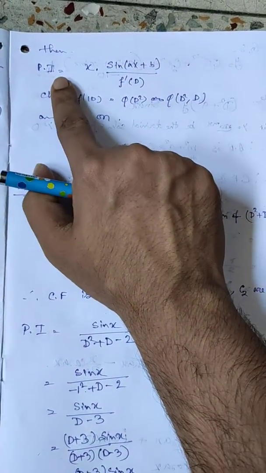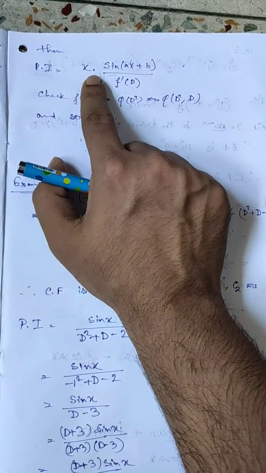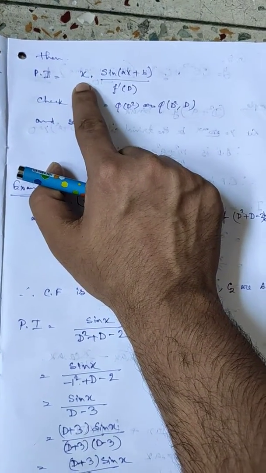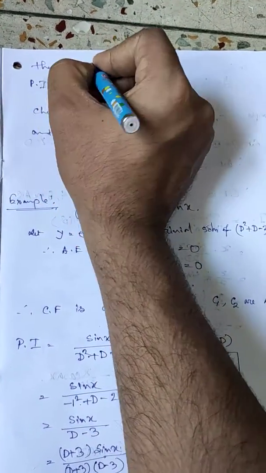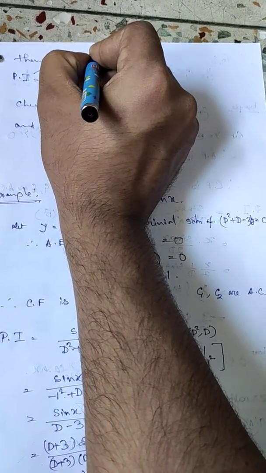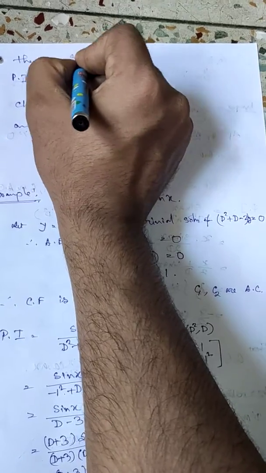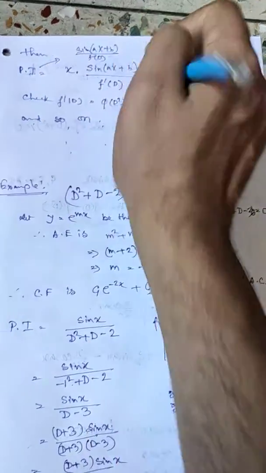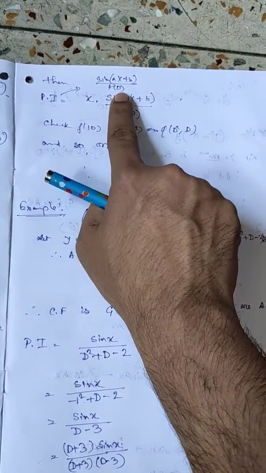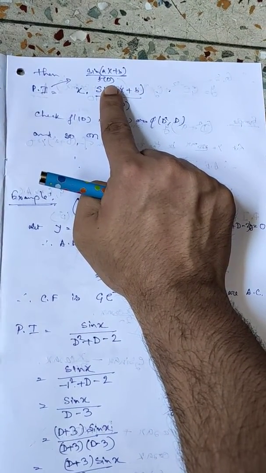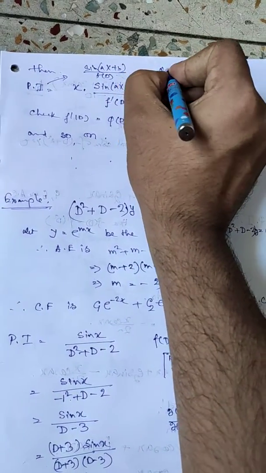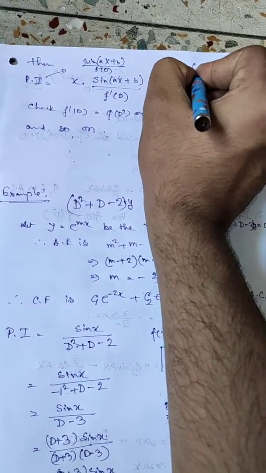Our formula is that the particular integral is sine of ax plus b by f of D, where you found f of D is phi of D square, and when you replace D square with minus a square, you get phi of minus a square equal to 0.